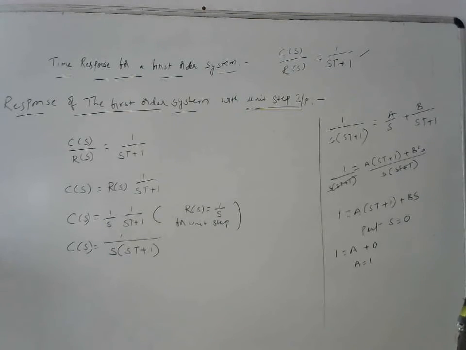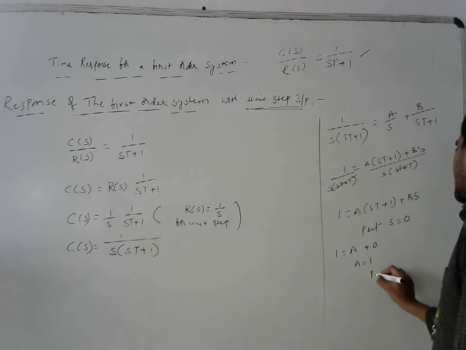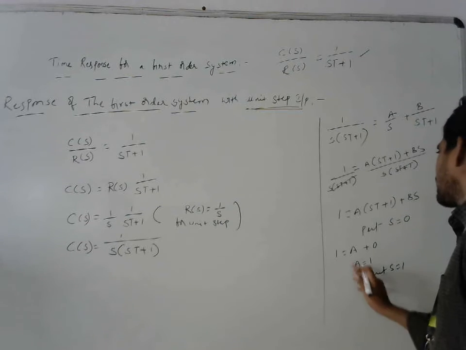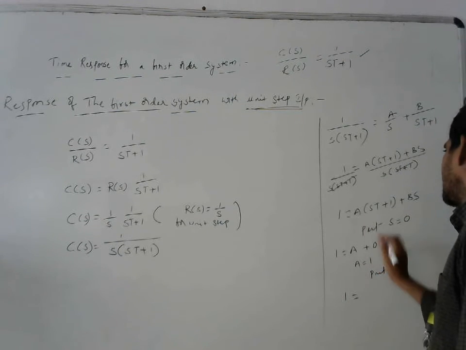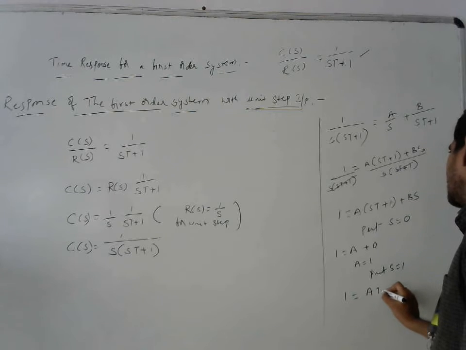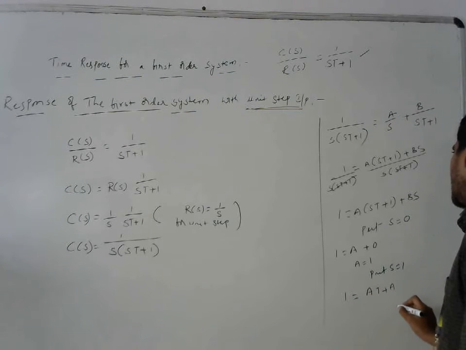What about the B value? Now put s equal to 1, then what are we getting? 1 is equal to A into T plus A plus B. What is the A value?